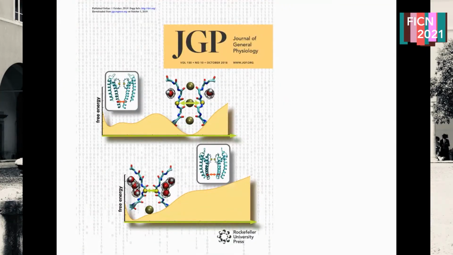So KcsA, this is a study we published just a few years ago where we were investigating the propensity of the filter to adopt this constricted conformation, depending on the size of the opening gate.